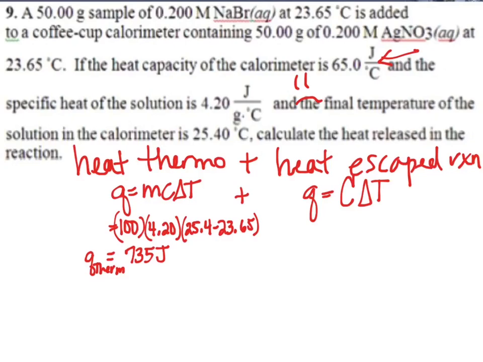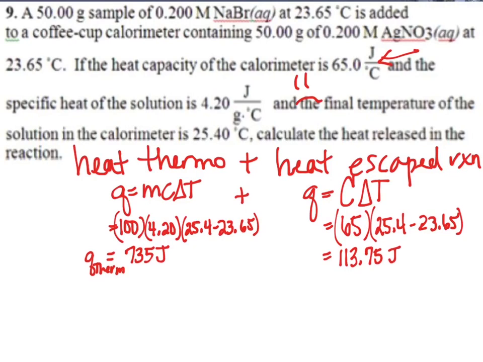All right, but I know that some heat was lost somewhere to the calorimeter, so I need to find the Q of the calorimeter. Now we take the big C, the heat capacity of the calorimeter, which it tells us is 65. And again, our change in temperature is the same. So I get 113.75 joules. For the heat escape, there's no mass.